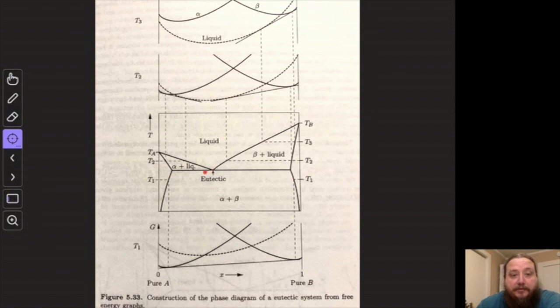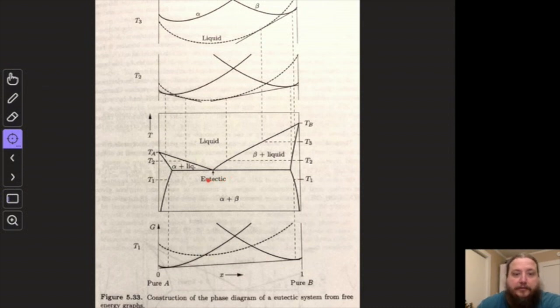and below this temperature here, what we will get is no liquid at all, but a non-homogeneous mixture of solid alpha and solid beta. So you'll get large chunks of alpha crystals and large chunks of beta crystals.